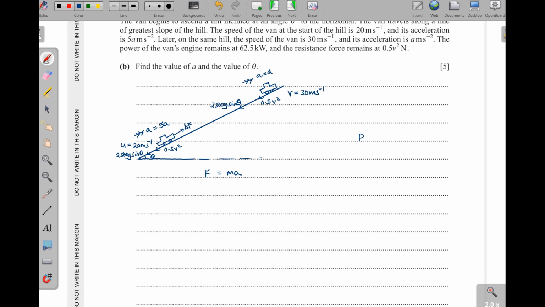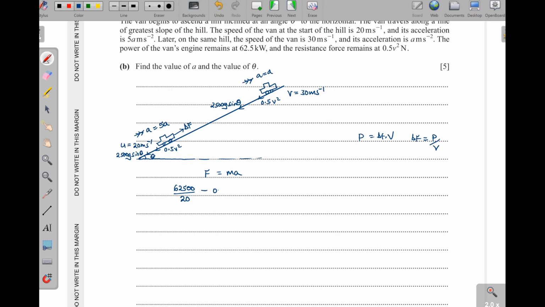Remember, power is equal to the driving force times the velocity, or the speed. That means that the driving force should be equal to power over the speed. So the driving force here is, the power is 62500, divided by the speed, which is 20, minus the resistance force.